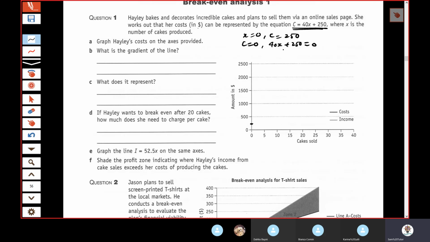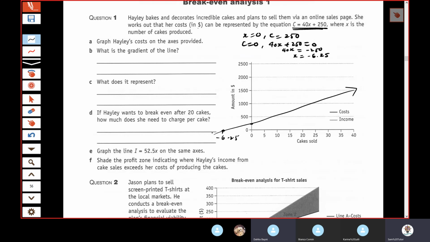And we're going to solve for x. There, and then x equals negative 250 on 40, which is negative 6.25. So x being negative 6.25 is somewhere here. So that means the graph is going to look something like this.